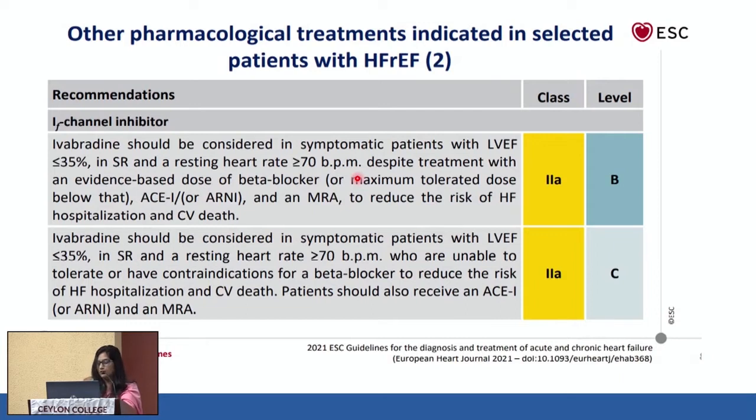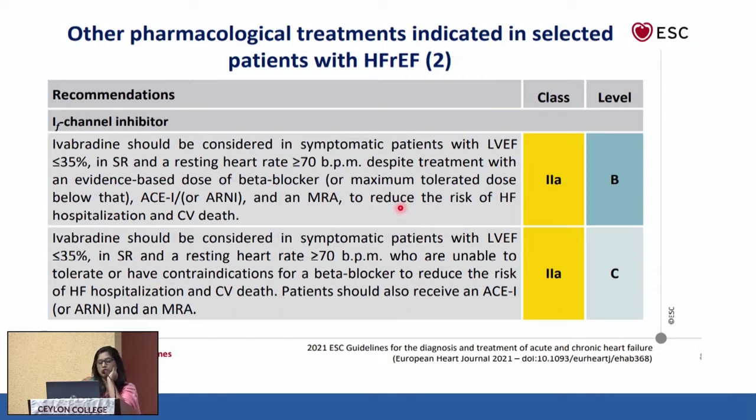And when we go to ivabradine, it should be considered only in patients who are in sinus rhythm and the resting heart rate is more than 70 beats per minute despite treatment with an evidence-based dose of beta blocker or the maximum tolerated dose below that, to reduce the risk of heart failure hospitalization and cardiovascular death.